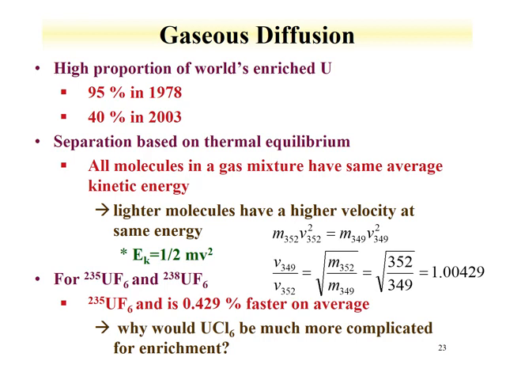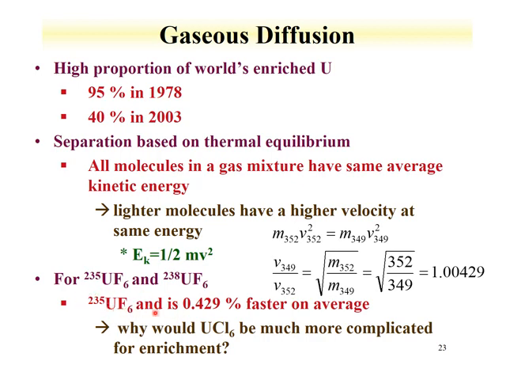Gaseous diffusion is based upon thermal equilibrium. So if all molecules in a gas mixture had the same average kinetic energy, 1/2 mv squared, the one with the isotope with the lighter mass will have a higher velocity, on average.